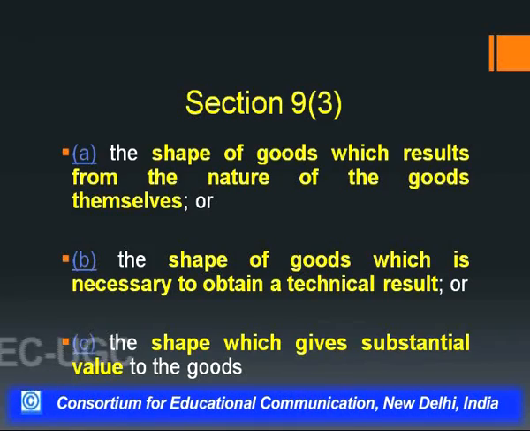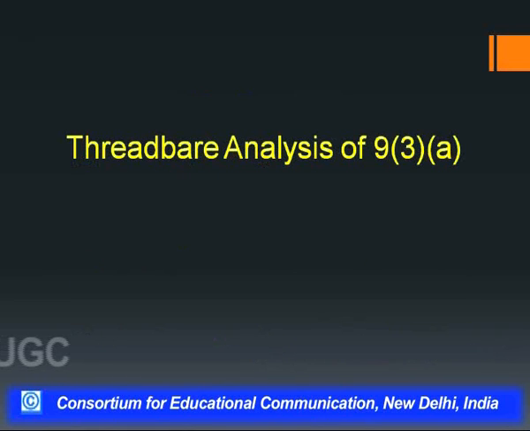It reads that any shape which gives substantial value to the goods. So too wide an interpretation can be given to 9(3)(c) vis-a-vis the previous two prohibitions covered under 9(3)(a) and (b). Let us take up all these prohibitions one by one in a threadbare manner.